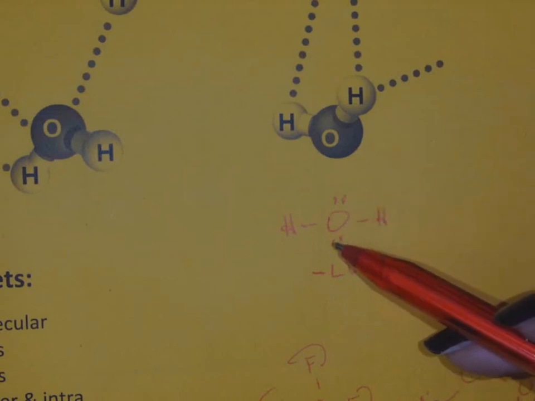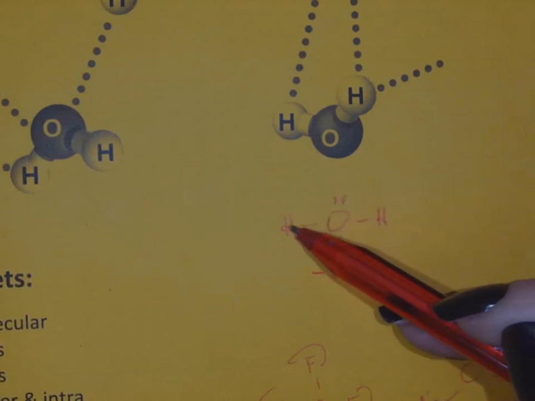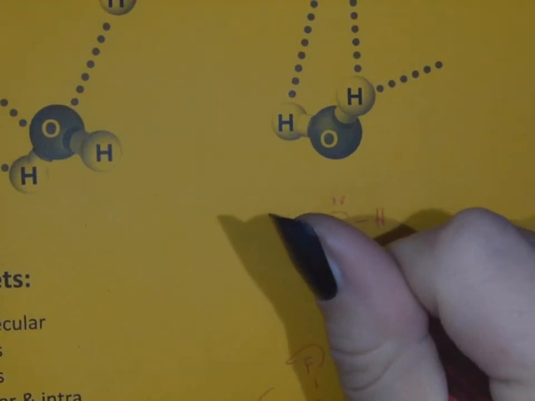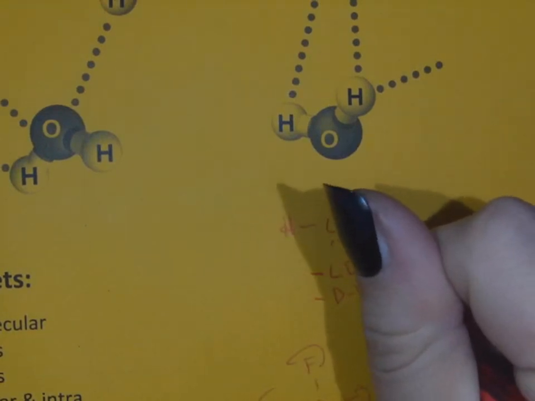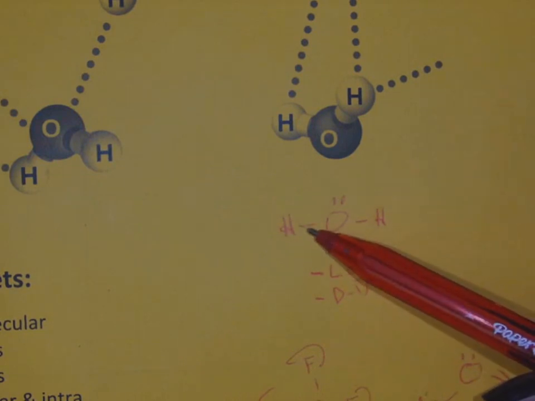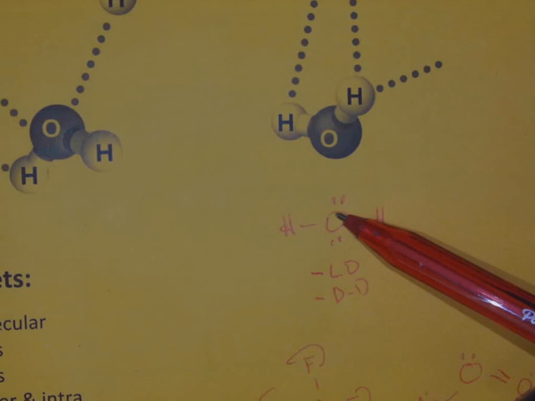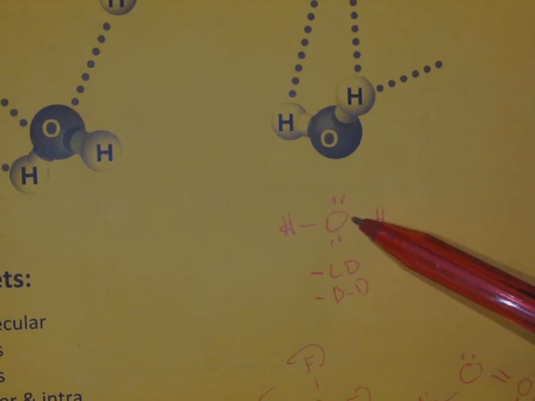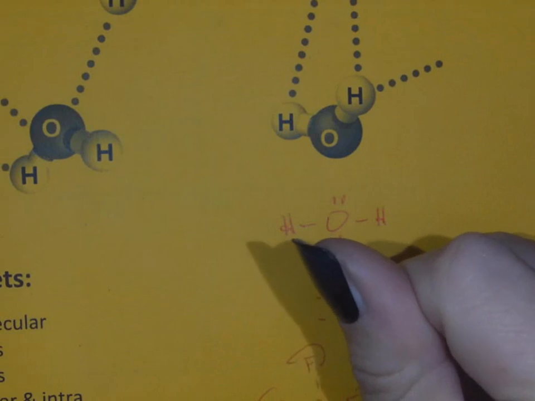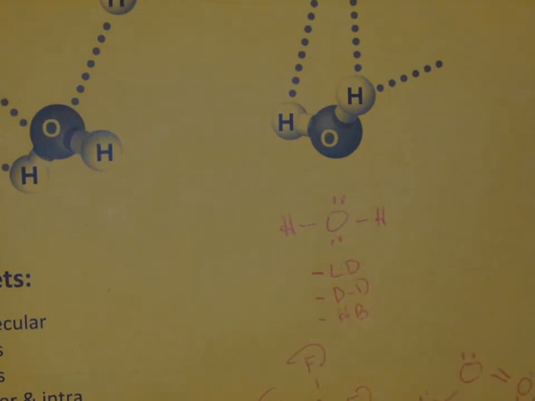There's 4 domains, but 2 of them are lone pairs and 2 of them are bonded hydrogens. And that asymmetry makes it a polar molecule, so it experiences dipole-dipole. And then it has a hydrogen that's bonded to either a fluorine, an oxygen, or a nitrogen. And it's an oxygen, so this one experiences hydrogen bonding as well. All right.